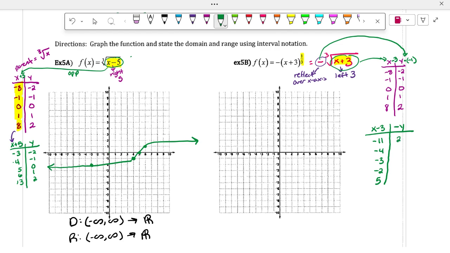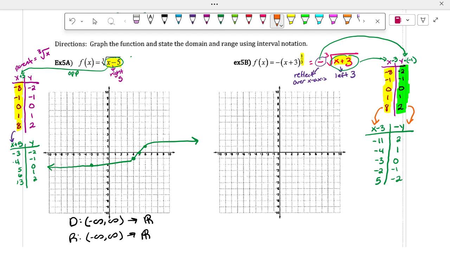Flipping the signs. This would be 2, 1, 0, -1, -2. So we subtracted the 3 from the x's, and we flipped the signs of the y's. And so this table is the one that we're going to graph.